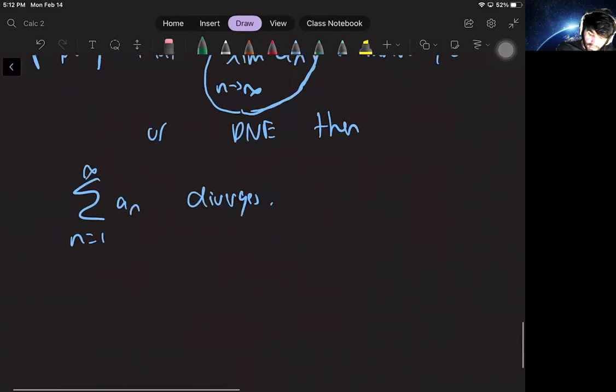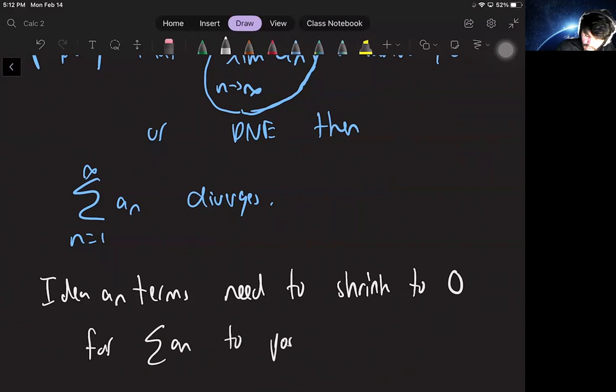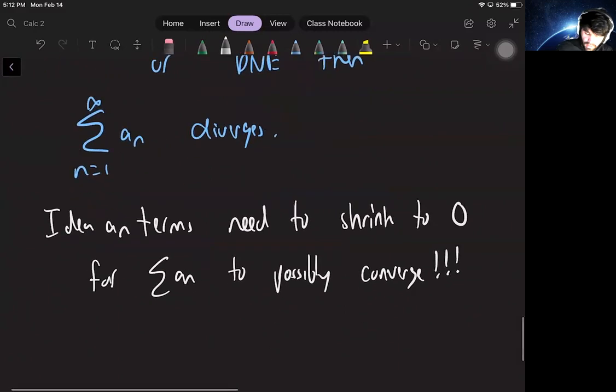So that's the idea. So keep that in mind. Okay, so the terms, the a_n terms, need to shrink to 0 for the series to possibly converge. But even that's not enough, as we'll see. But it's definitely necessary.